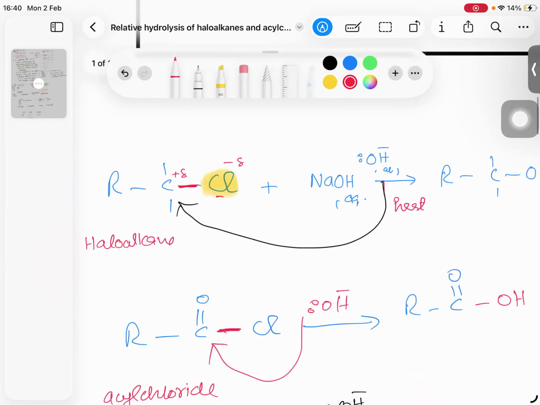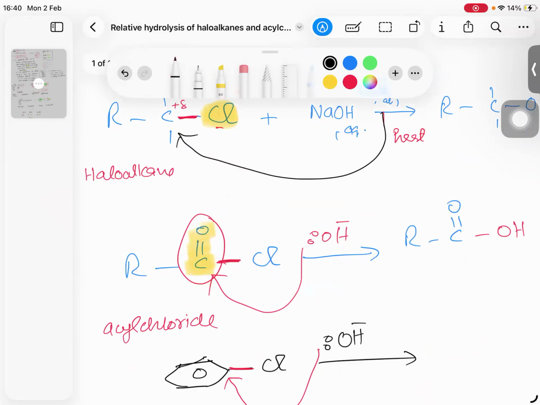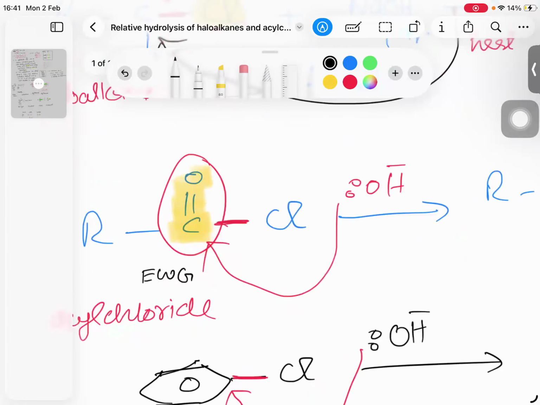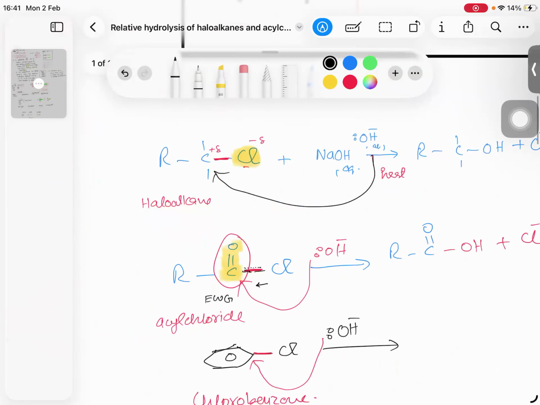On the other hand, in COCl, as we learned in the previous section on relative acidities and basicities, C=O, because of the high electronegativity of oxygen, acts as an electron withdrawing group. It pulls the electrons towards itself. This C-Cl bond becomes weaker, way weaker than the C-Cl bond of the haloalkane.